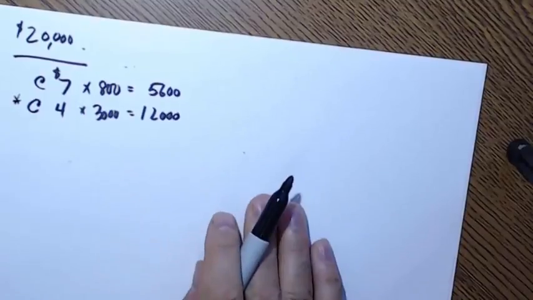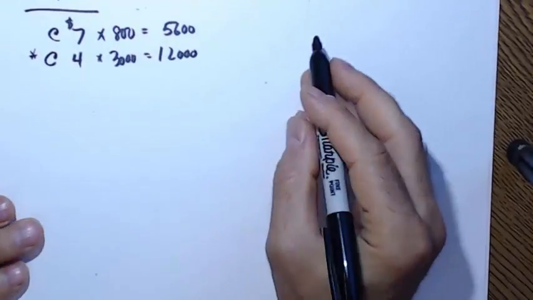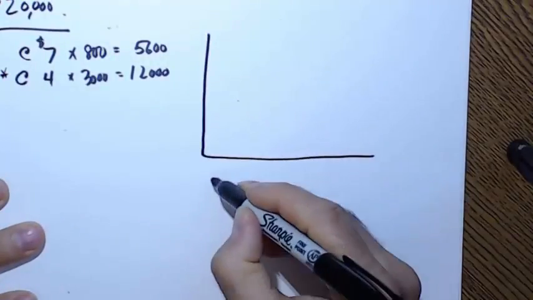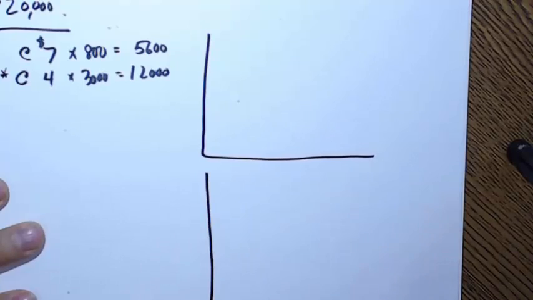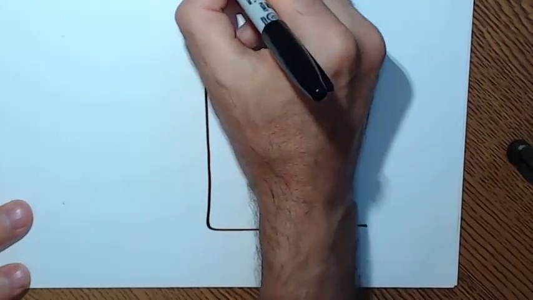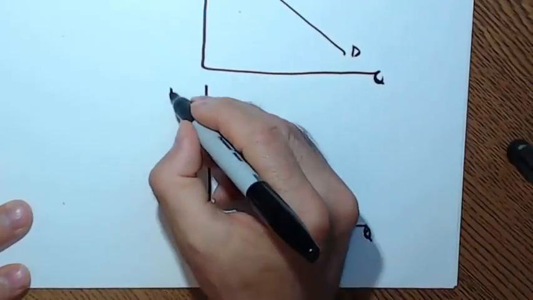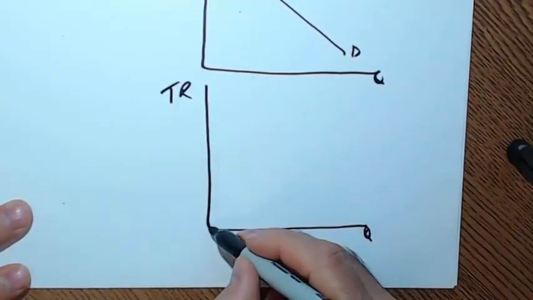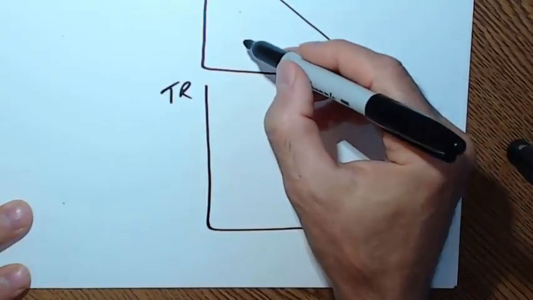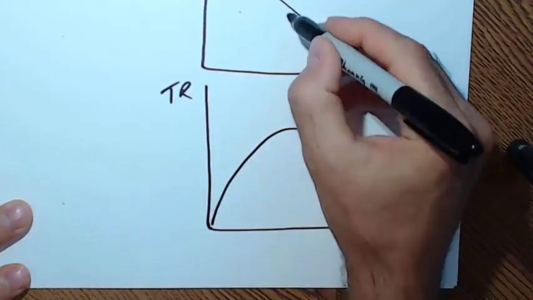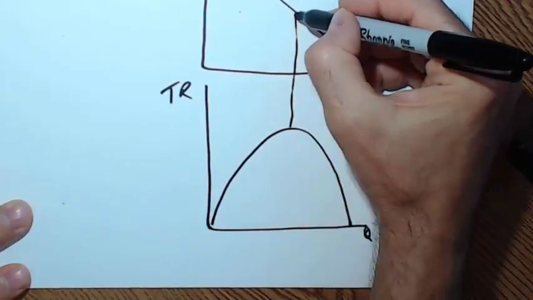We can graph this like we did in class. Let's see if I can put it here. Price, here's a demand curve, quantity, and here's total revenue, which looks something like this. At this point you're unit elastic.